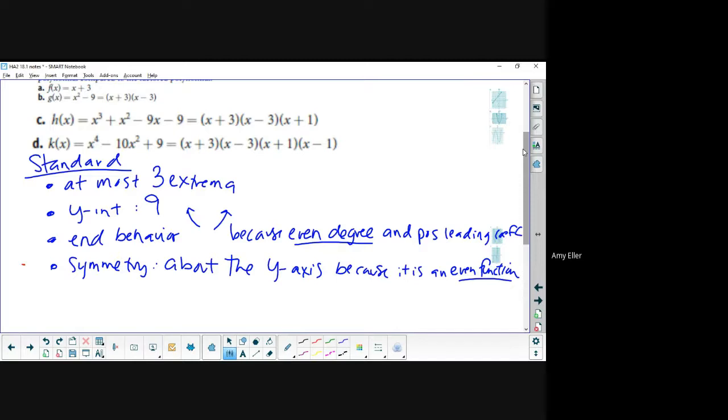And let's do factored form. That tells me my x-intercepts: -3, 3, -1, and 1. All right, let's make our sketch.